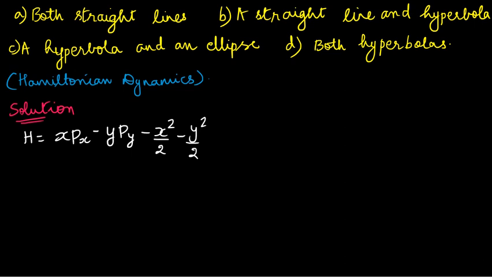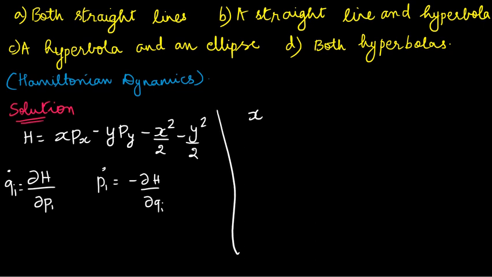Okay, so we know that the Hamilton's equation of motion are, and, right. So now I have x and y, so I can first find what is x dot.